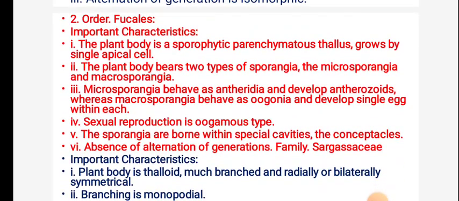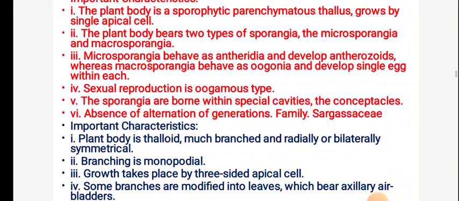Then the second order, Fucales. So here the plant body is sporophytic, parenchymatous. The genera are Sargassum and Fucus. So they grow by a single apical cell. The plant body bears sporangia, the microsporangia and the macrosporangia.